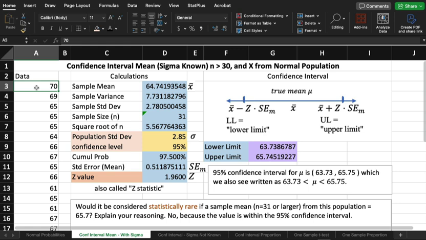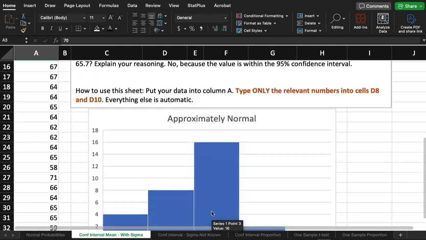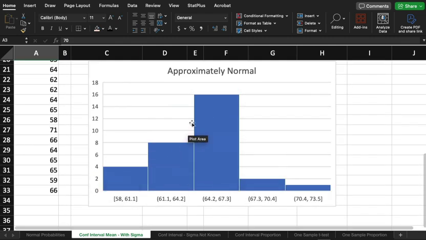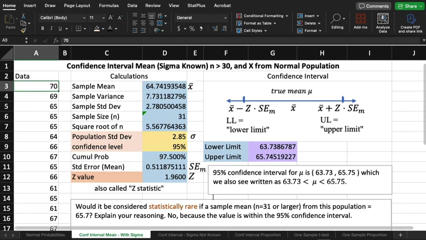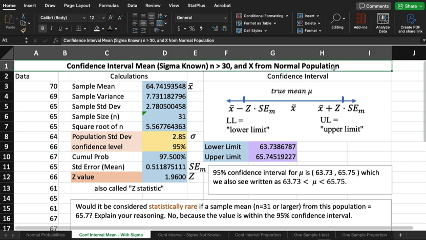So the x's have to be normally distributed, and we can see from our histogram here, I mean, it's a little bit crude, but we can be fairly certain that these x's come from a normal population. Okay, so those have to be the case.